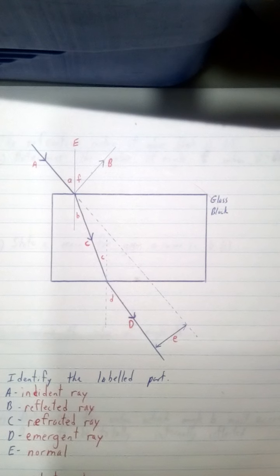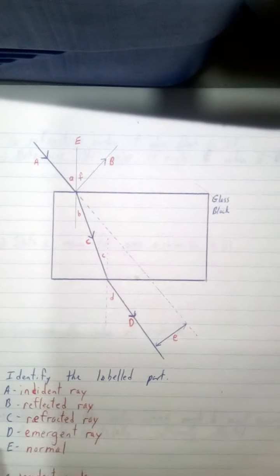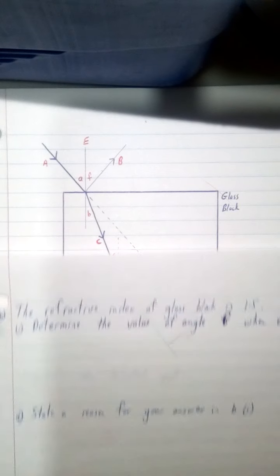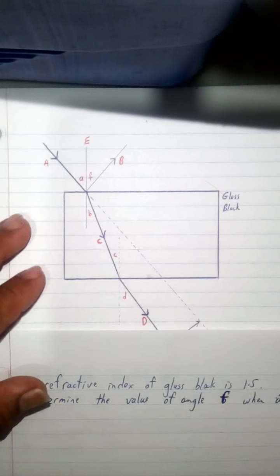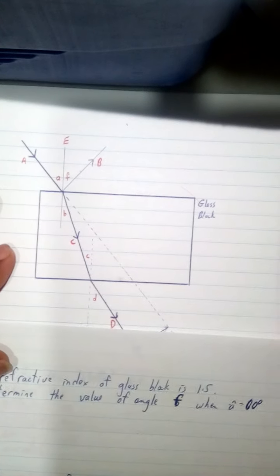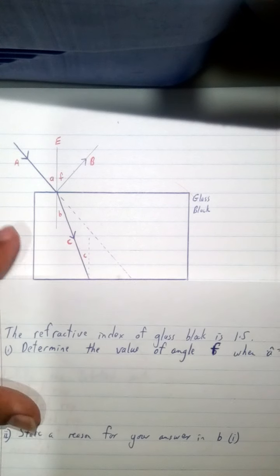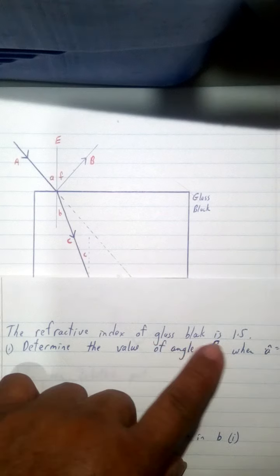Now you may get problems on this type of question. The questions that may come are as follows. We're going to start with this piece here, looking at this diagram. It states here, the refractive index of glass block is 1.5.